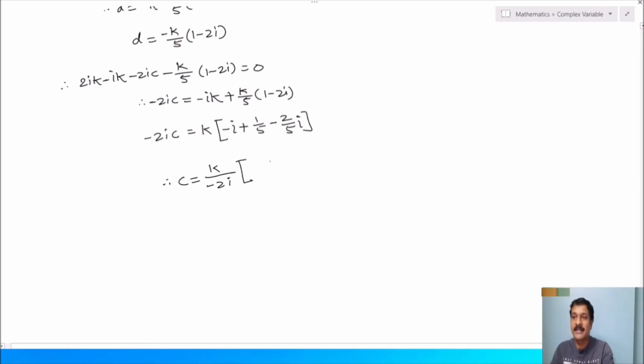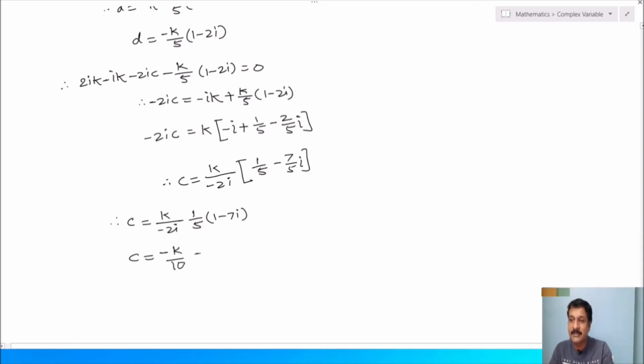You simplify here: real part is 1 by 5 and imaginary part is minus 1 minus 2 by 5, so minus 7 by 5 i. So what is the value of C? C equal to k by minus 2i, here 1 by 5 common, in bracket (1 minus 7i). Now simplify this. As we know, 1 by i equal to minus i, so I am getting C equal to minus k by 10.